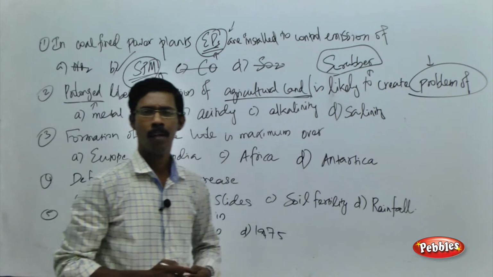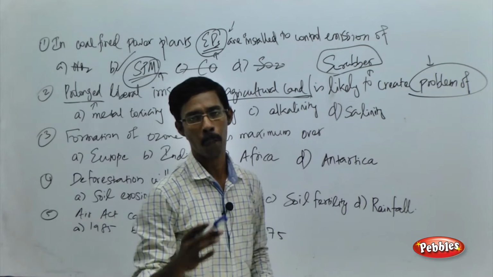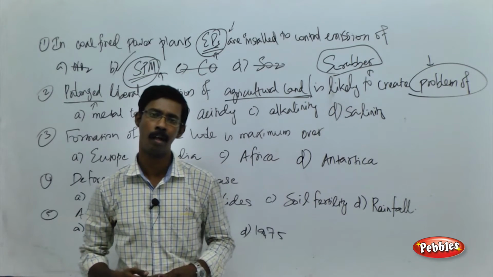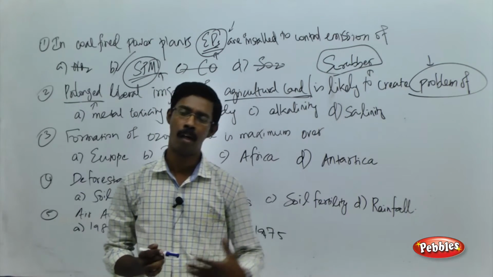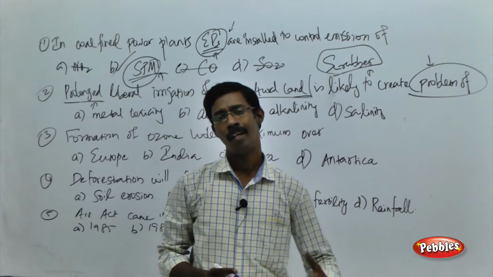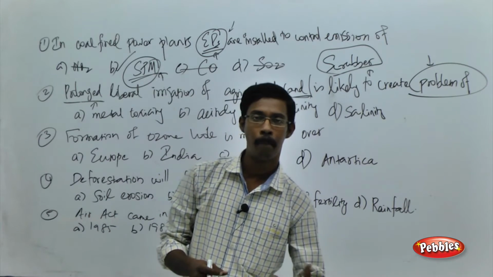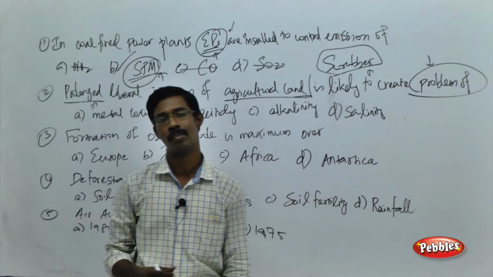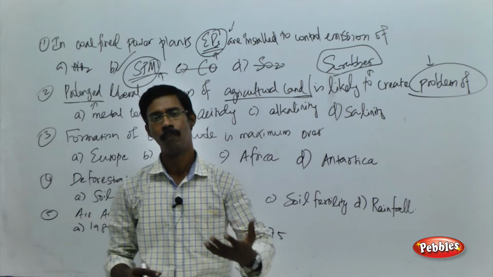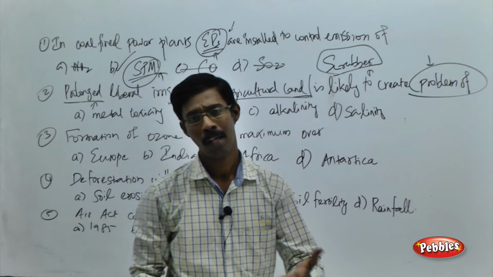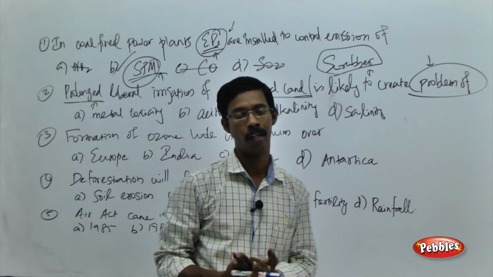As I told you, prolonged irrigation will lead to water logging. A huge amount of water will be logged on the agricultural land, and that will dissolve the salt in the subsurface area of the soil and resurface the salt to the upper layer of the soil.